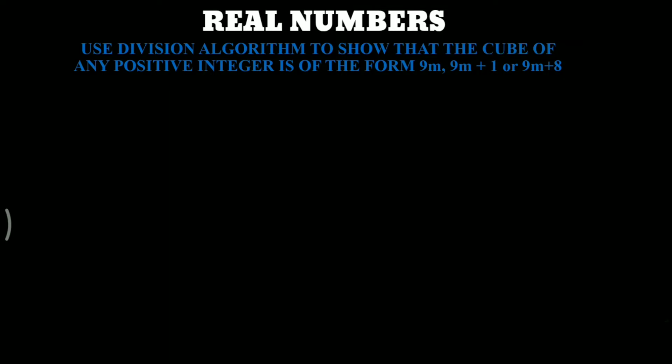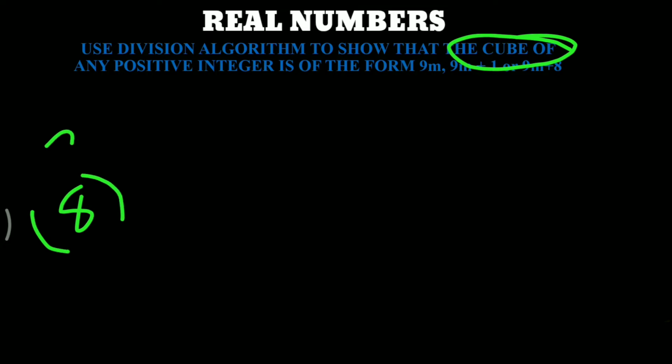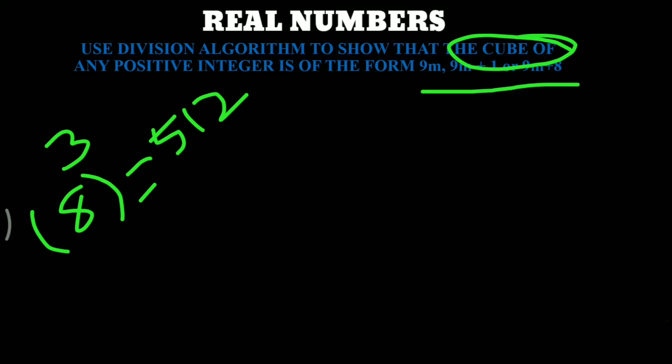I am going to take an example randomly, that is 8, and according to the given question we have to cube it. So I am going to find the cube of this one. 8 cube is equal to 512, and finally we have to express this 512 in any one of these three forms.